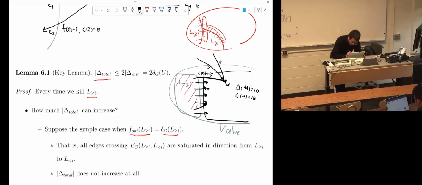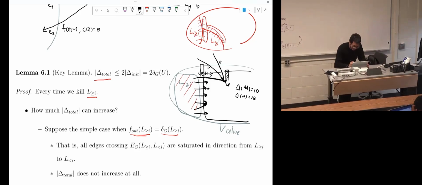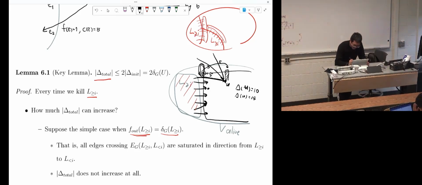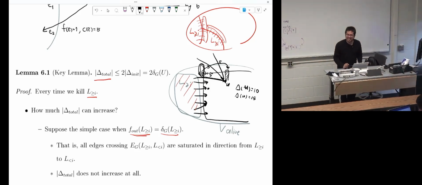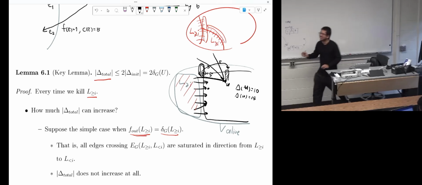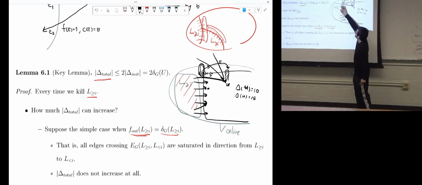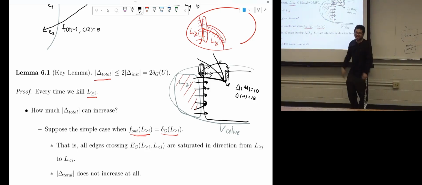There are 5 units of flow here, and now it just becomes excess here, becomes the source. I just move this thing to here. So I don't need to add any new mass into the system. It used to be crossing this thing. Now it's just here.